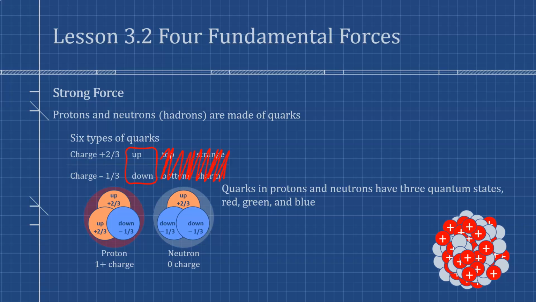But we refer to them as their color state the same way as we just make up a way of referring to charge as positive and negative. Why positive and negative? Well, they're opposites. And the charges behave in such a way that when the opposites balance each other out, it's as if it has no charge. The same thing we do with these colors. We say that the colors are red, green, and blue, and when we mix them all together, we get white.